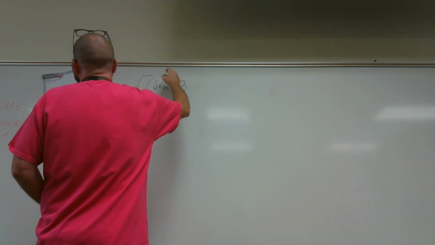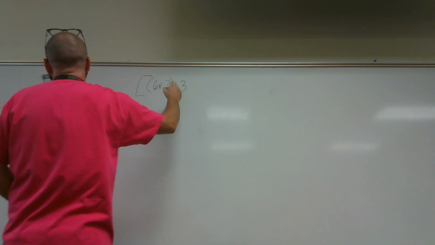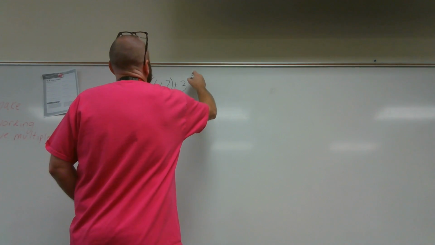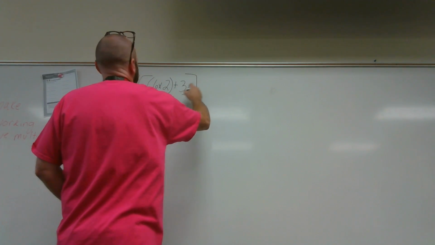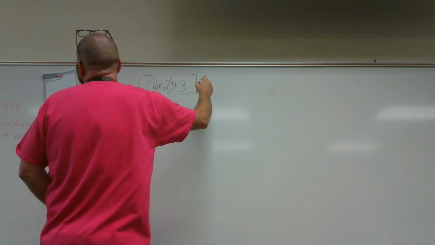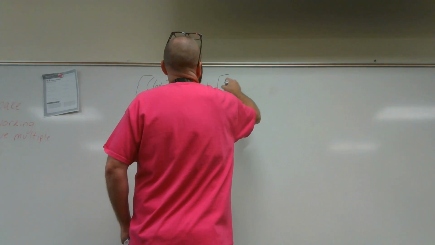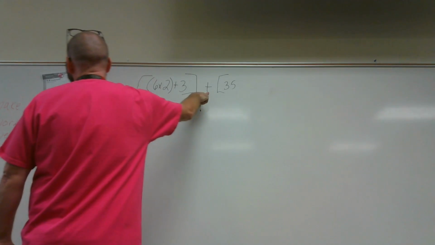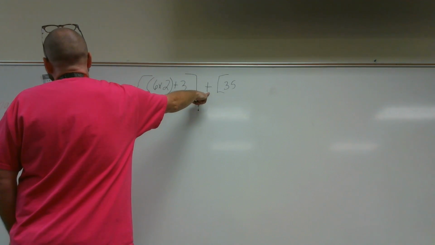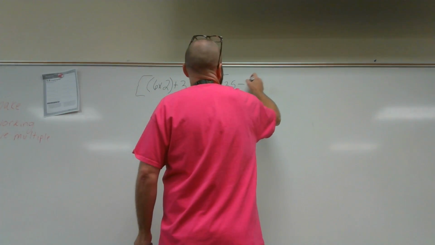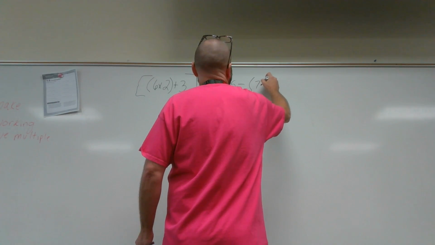This one has brackets: 6 times 2 plus 3, and we have brackets. We're adding the brackets together, which is 35 because there's an addition sign there. Subtract 7 times 3.